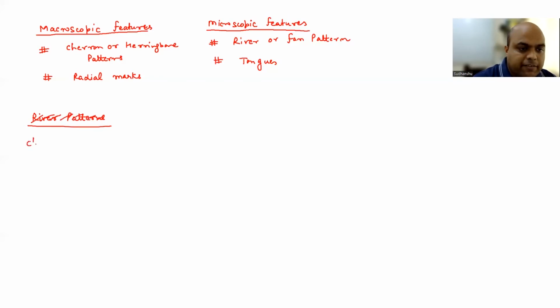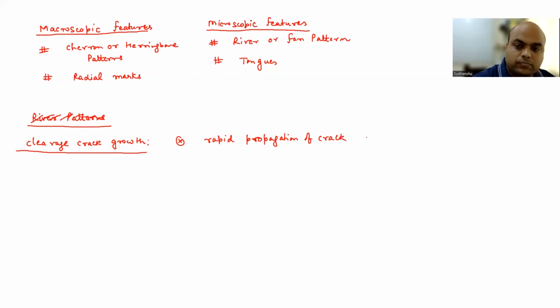So when we talk about cleavage crack growth, it's a rapid propagation of the crack along a particular plane or orientation.